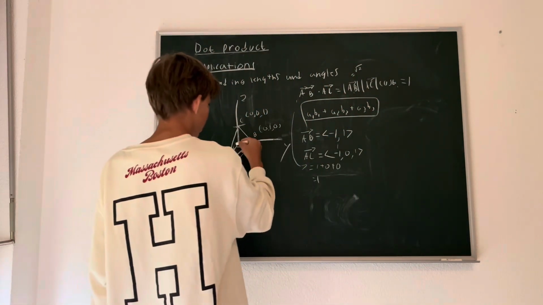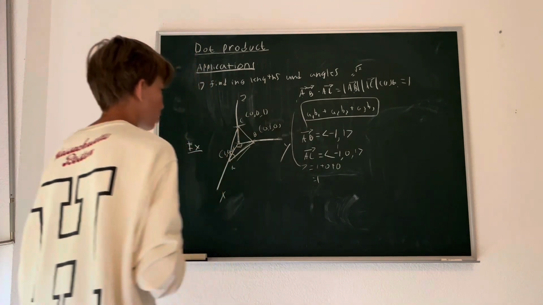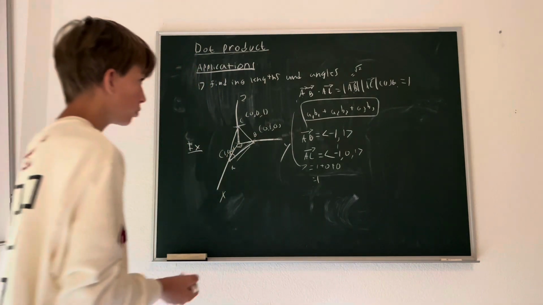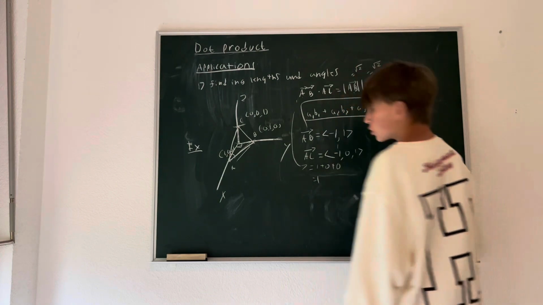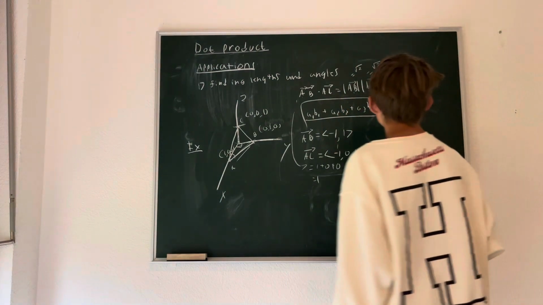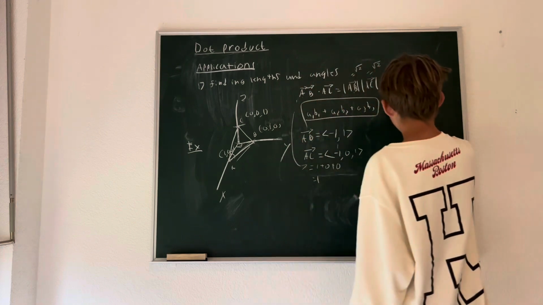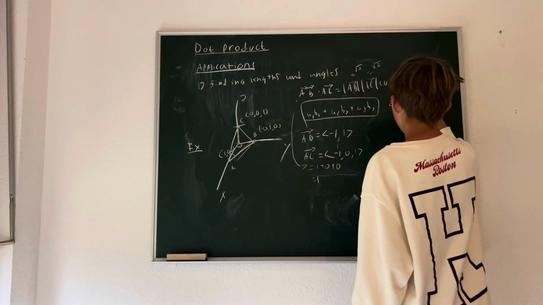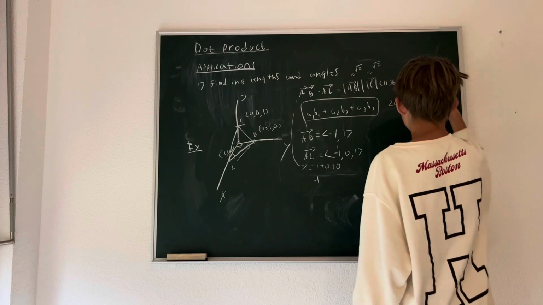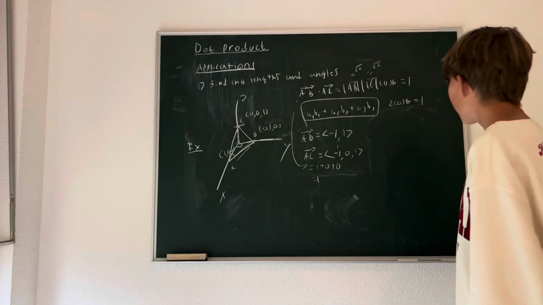Similarly, this is going to be 1, and this is going to be 1 also, so this is going to equal square root 2. So all in all, 2 cosine theta equals 1, and we can solve this.